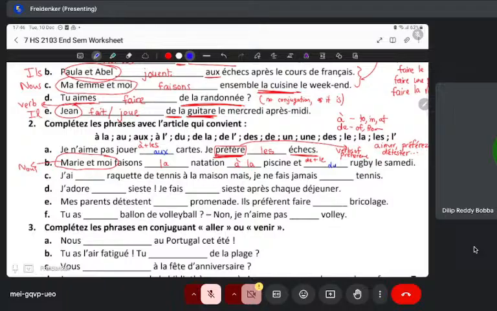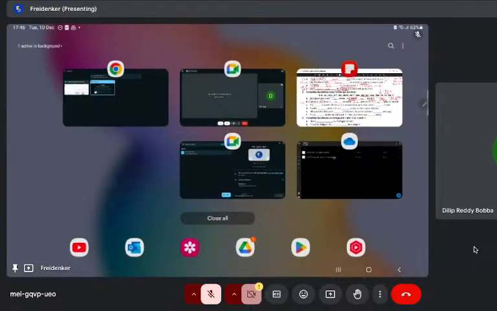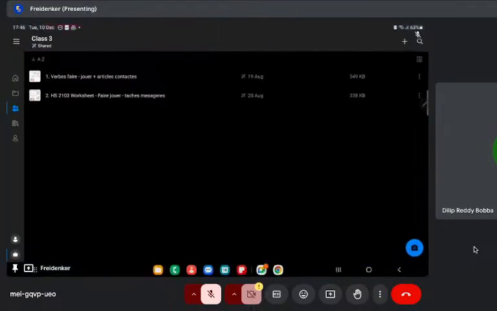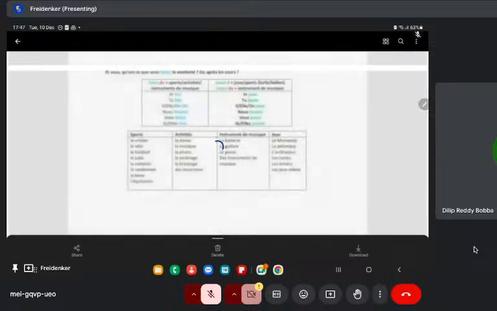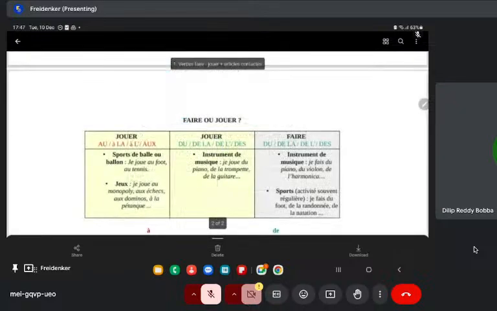Assuming this is not a fixed expression, I don't think faire le rugby is a fixed expression. So I'm putting du here, assuming that there is no fixed expression. If there is no fixed expression, then we have to use this table. Which table? This table. So you have faire, you have some activity.